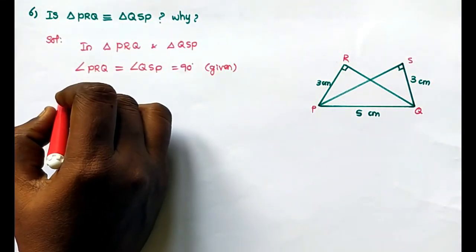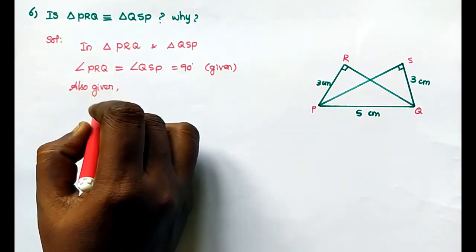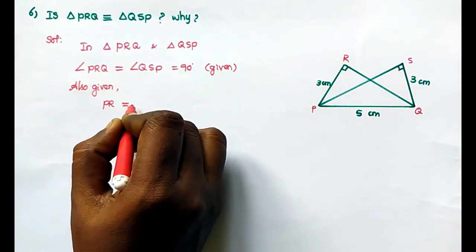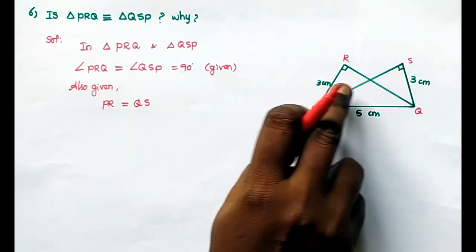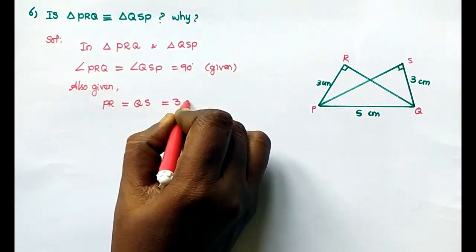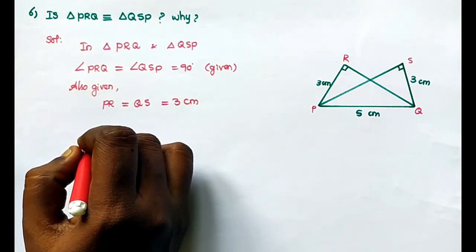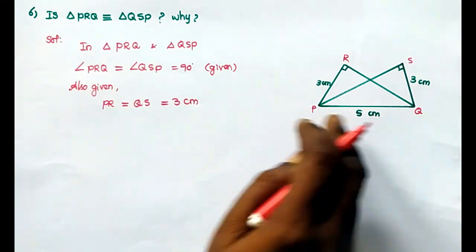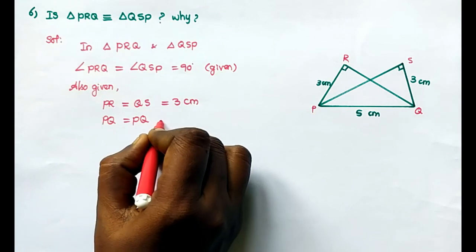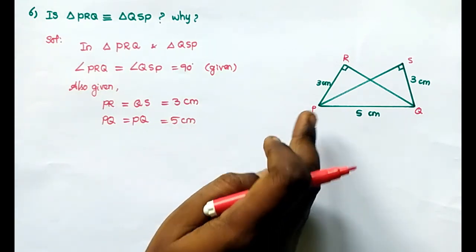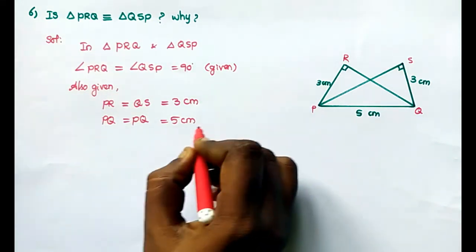And also given that PR is equal to QS, because they given 3 centimeter. And PQ equal to PQ. That is common side for these two triangles.